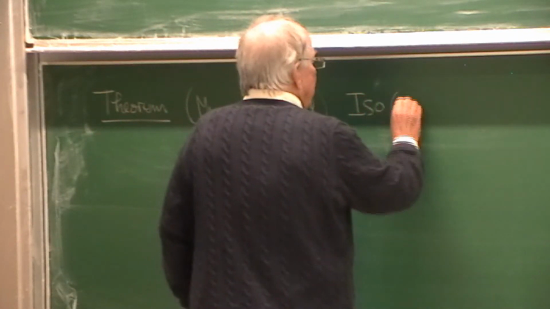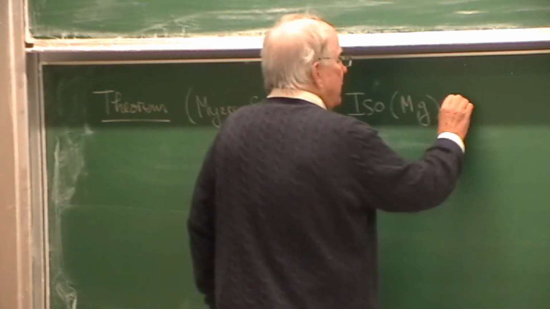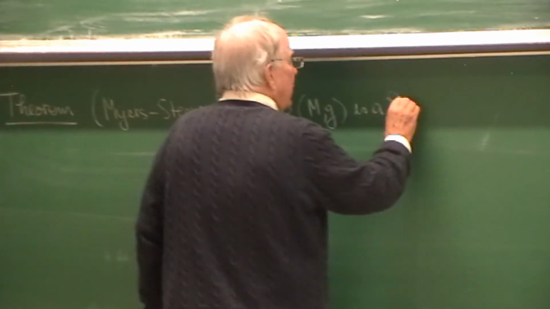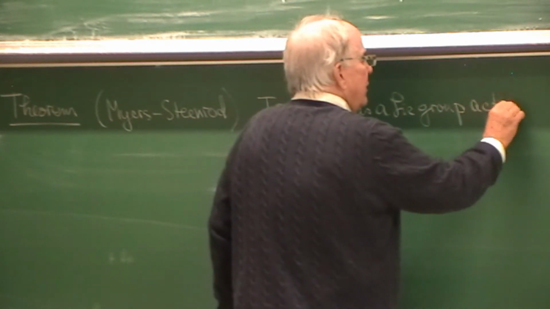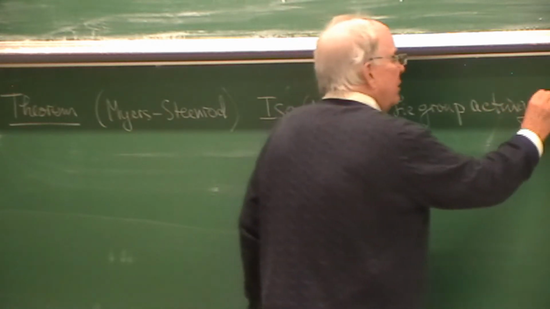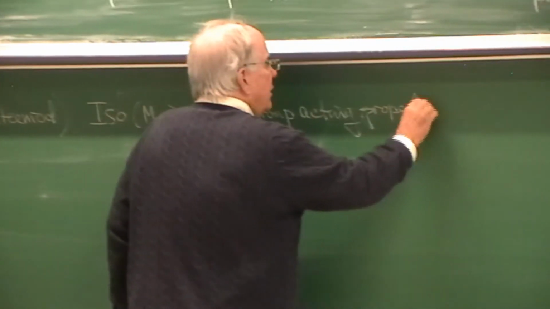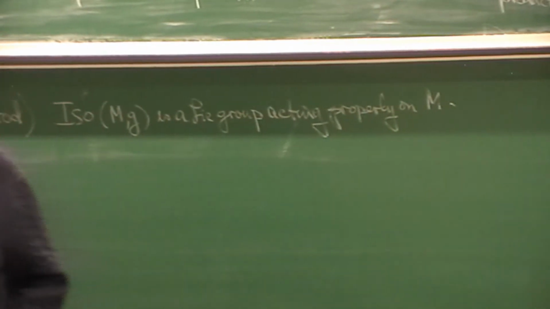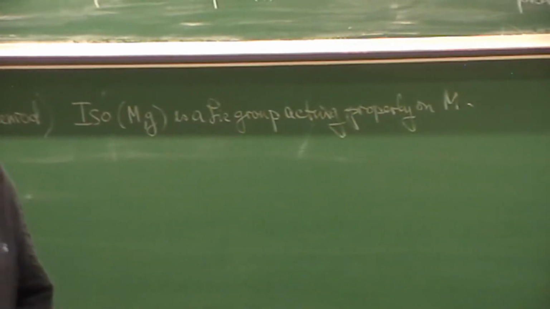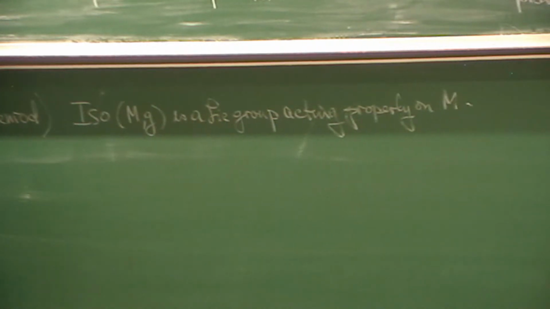The isometry group of a Riemannian manifold is a Lie group acting properly on M. It's a hammer.